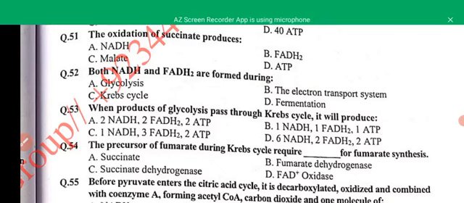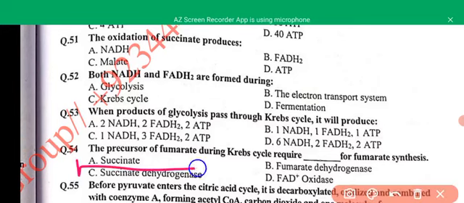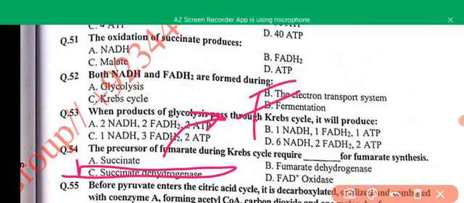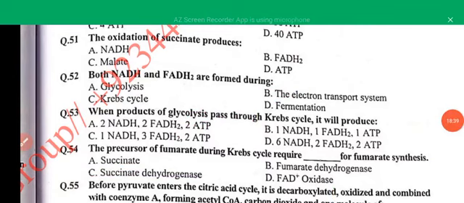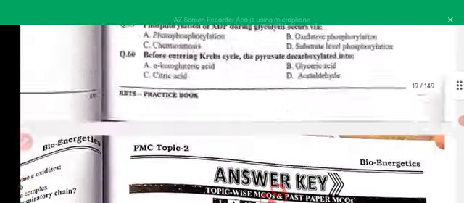Hydrogen is removed from succinate by succinate dehydrogenase, and fumarate is produced. So the best option is C. During this process, hydrogen is donated to FAD and it is converted into FADH2. The best option is C. 54. The best option is C.